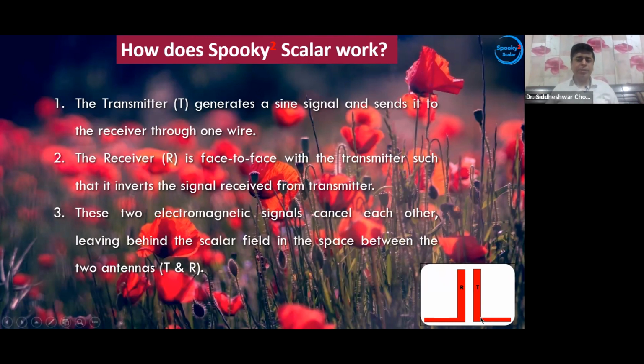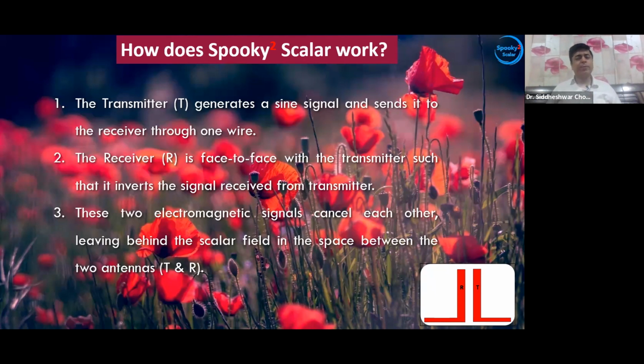So you see in the image here, the transmitter and receiver are placed like this. They need not be perfectly perpendicular. I didn't find any specific need of placing them perpendicular to each other, back to back. So the transmitter sends a signal to the receiver. What the receiver is doing is inverting the signal and sending it back to the transmitter.